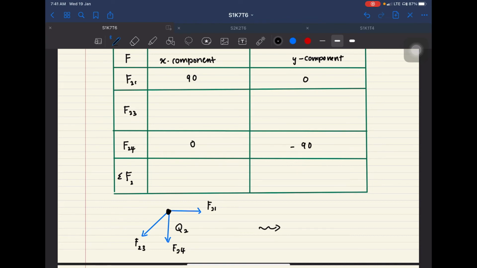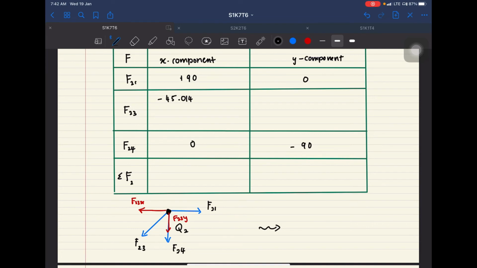And then for F23, F21 to the right, so that one is positive. F23, if I resolve that one, I have F23x to the left, F23y downwards. So F23 for X component will be to the left, so that one is negative 45.014.